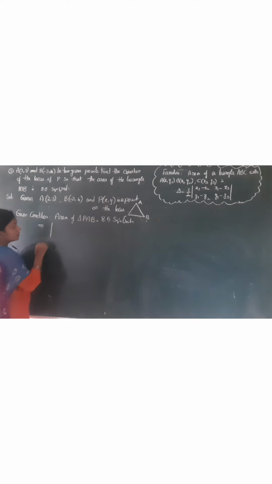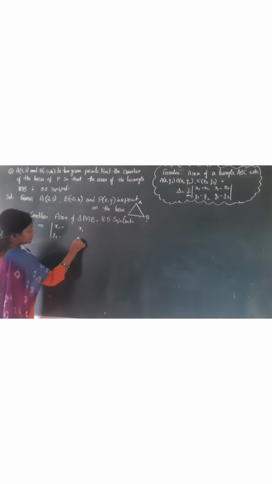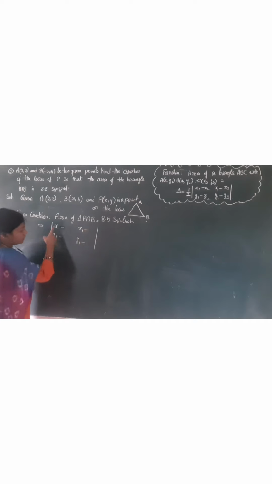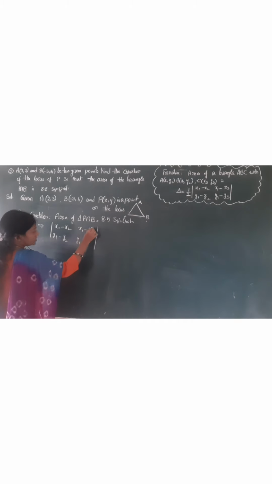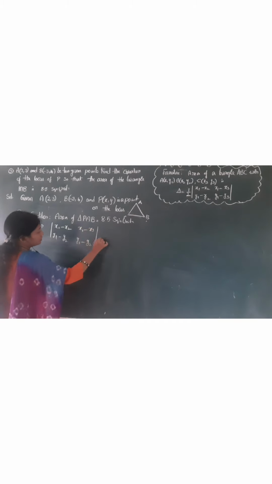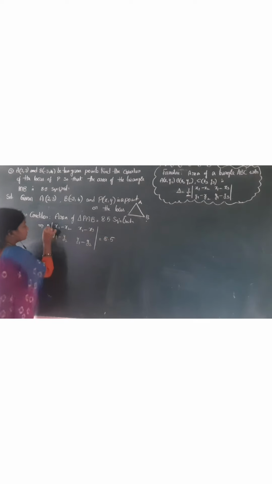How can you write this formula easily? First write the first vertex coordinates, x1, y1, then the second vertex coordinates, x2, y2, and the third vertex coordinates, x3, y3. Half into modulus of this value is equal to 8.5.